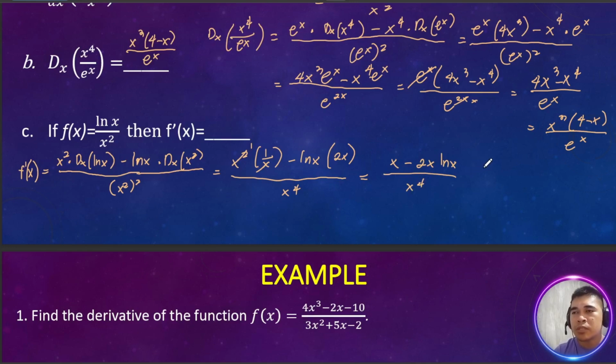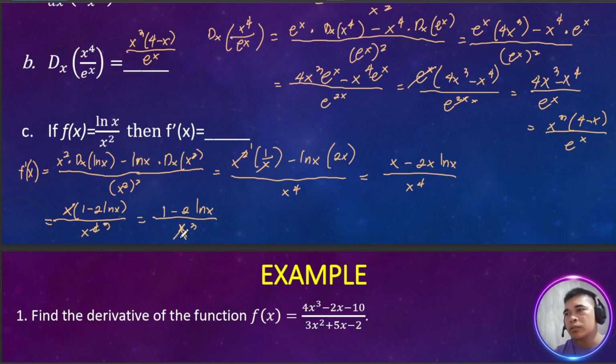So unsay common sa ibabaw, that is x. So we have x times 1 minus 2 ln x over x to the fourth power. So cancel 3 bilin. So 1 minus 2 ln x over x cubed. So that is the final answer, 1 minus 2 ln x over x cubed.